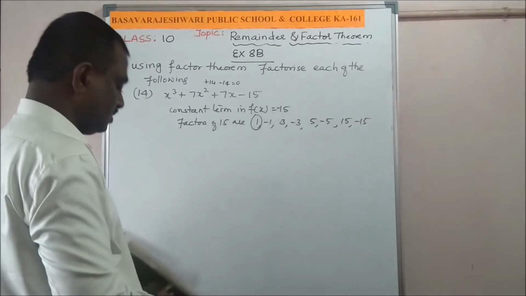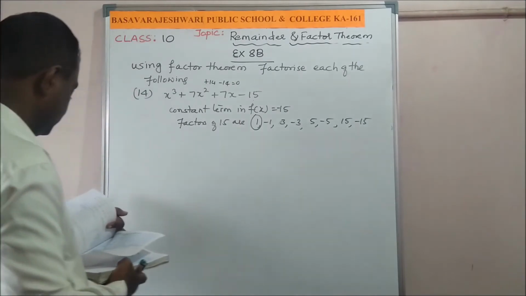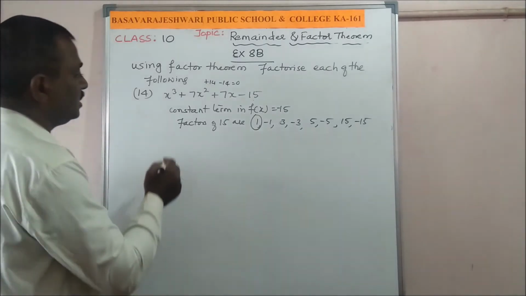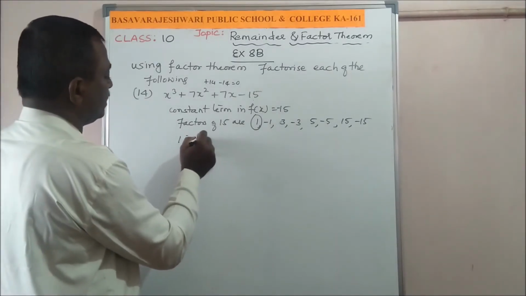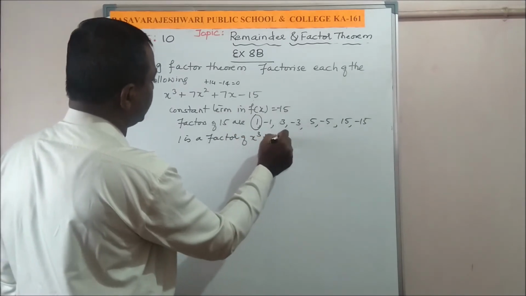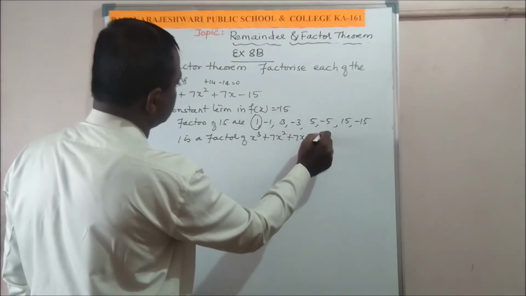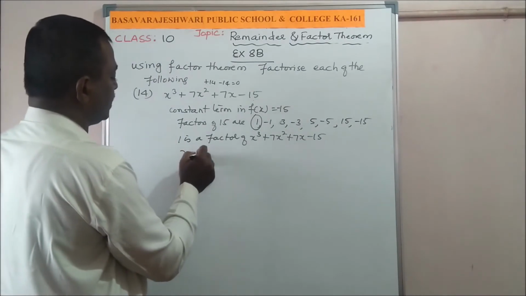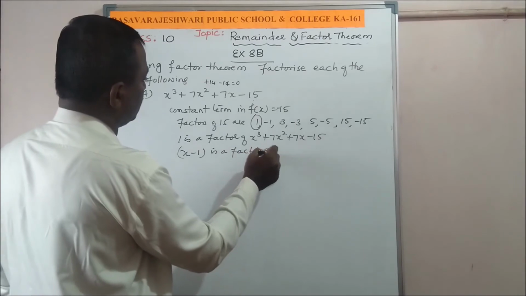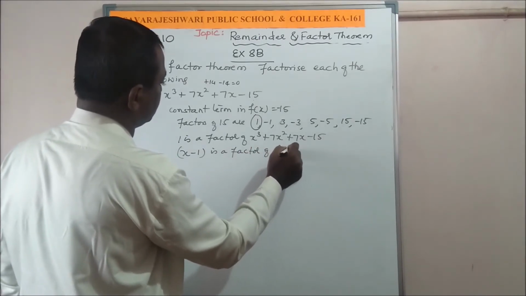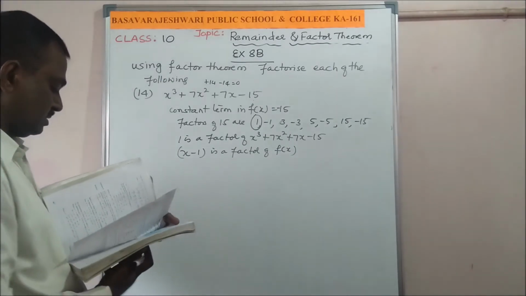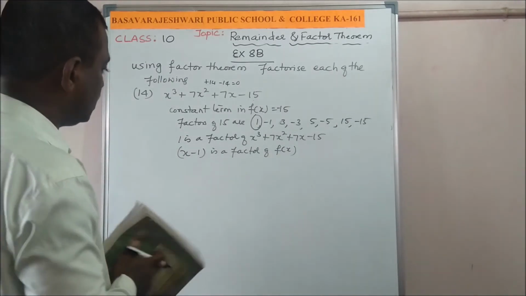So 1 is a factor of x cube plus 7x square plus 7x minus 15. That means x minus 1 is a factor of f of x. How can we say?